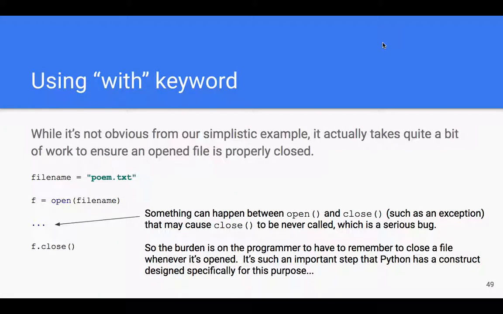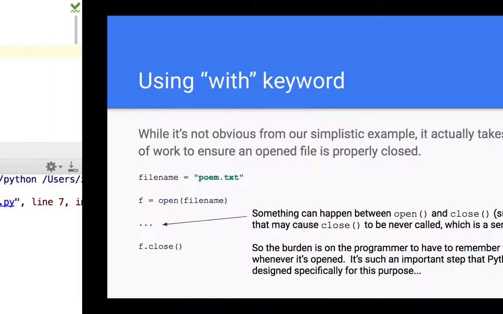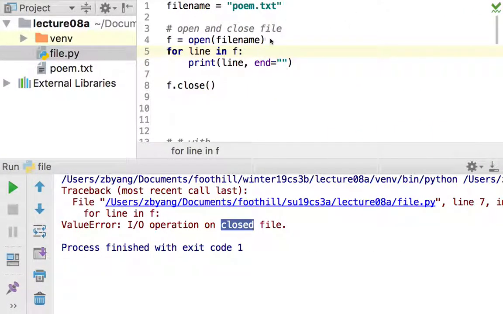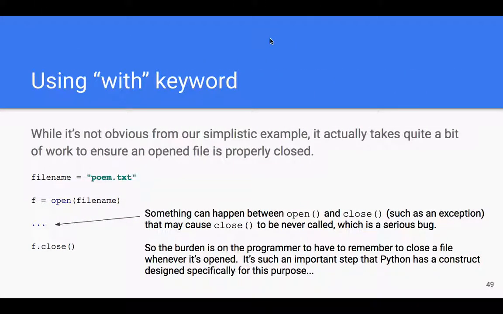Next thing. Now our file example here is very simple. It consists of opening a file, reading all the lines, printing them out and then closing it. Now in the real world, oftentimes it's not so straightforward.